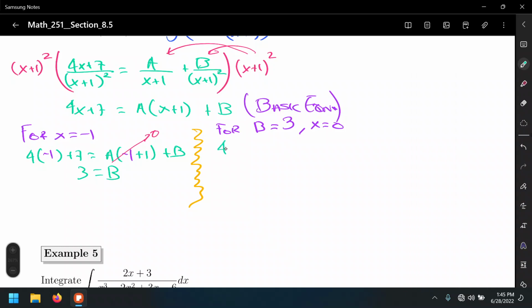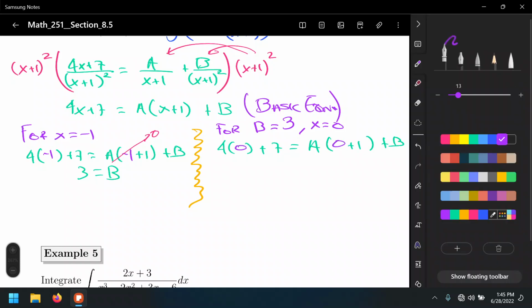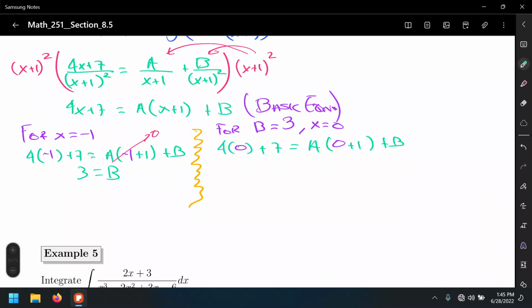So this will be 4 times 0 plus 7 equals A times (0 plus 1) plus B. Let's plug in the 0. 4 times 0 is 0, so 7 equals A, in this case A is simply A times 1, and B, which is 3. Alright, so A equals 4. Would it work with another number?